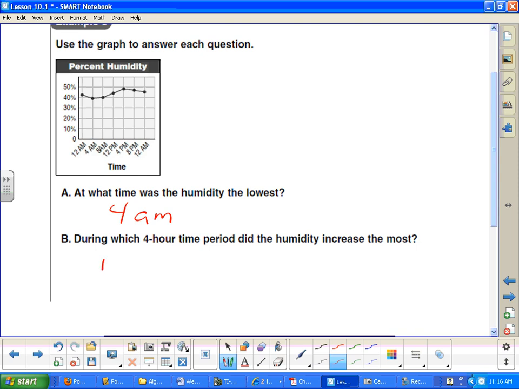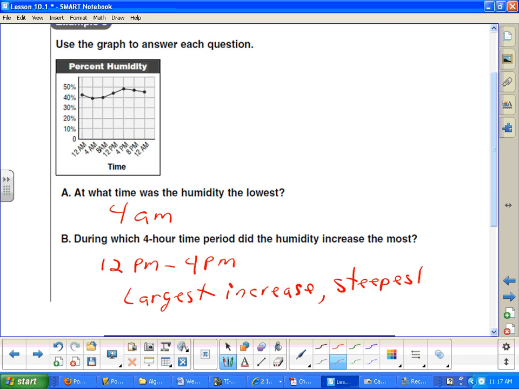So this would be from 12 p.m. to 4 p.m., where we have the largest increase. Or you can think of it as the steepest line. Good.